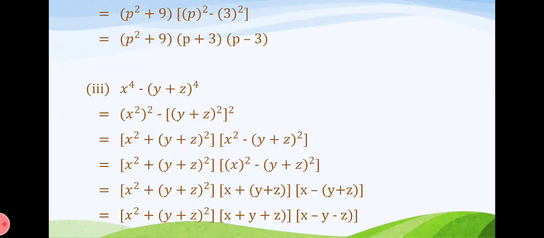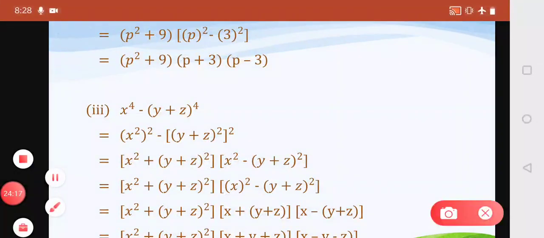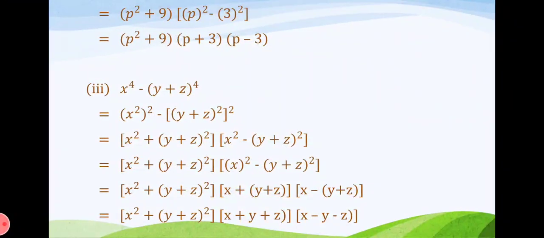And in the third bracket we will get x − y − z. The plus sign will become minus, because when you open the bracket the sign changes inside the bracket. So the factorization of the given expression is (x² + (y + z)²)(x + y + z)(x − y − z).